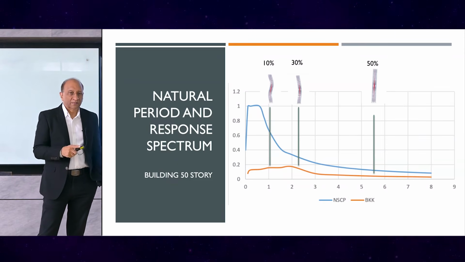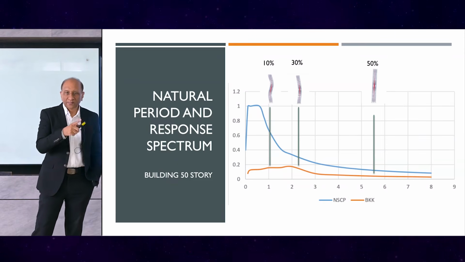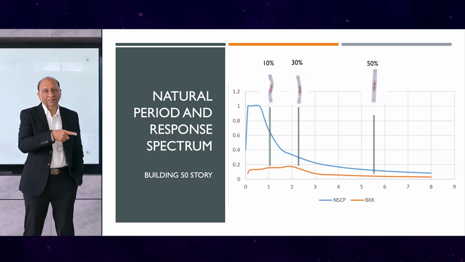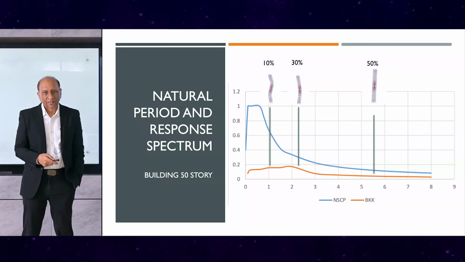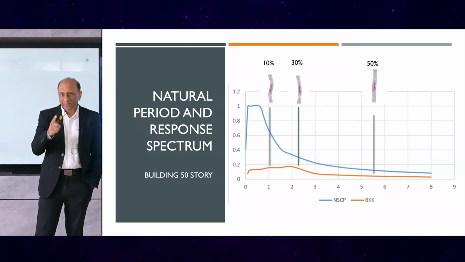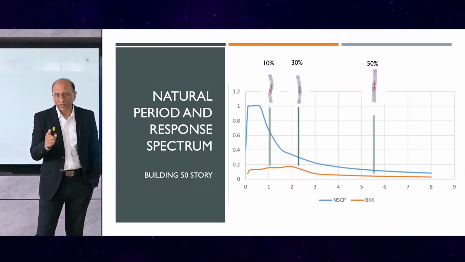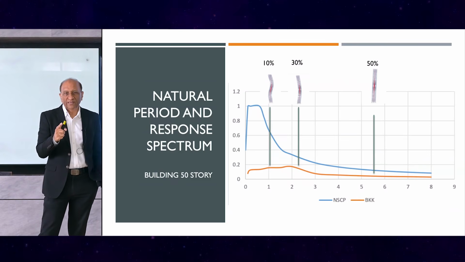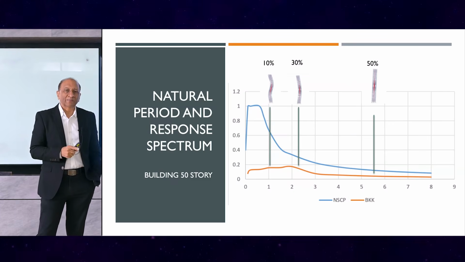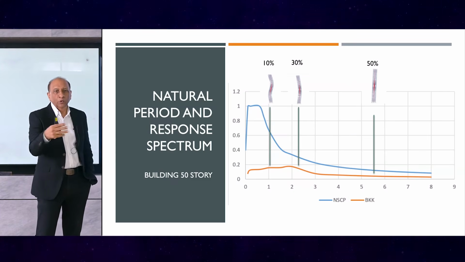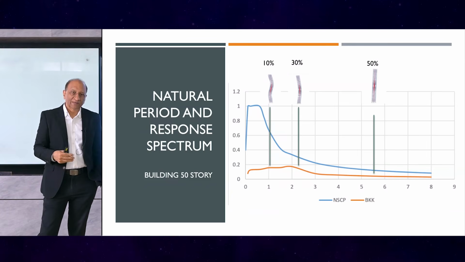Manila peaks close to 0 seconds. This is typical of a solid rock base and a soft basin type. But the important thing is that, let's say for a 50-story tall building, the first modal period will be around 5.5 seconds for this one, and it has 50% mass participation, and the ordinate is very low, so it will have very low contribution from the response spectrum.